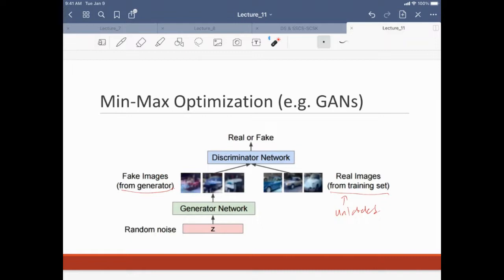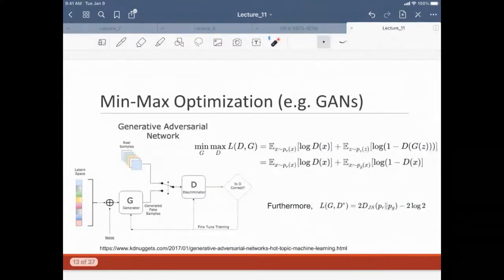The point is that this technology has adapted a lot since the original 2014 paper. It was introduced by Ian Goodfellow, whom I'm sure most of you know, in a NIPS 2014 paper.